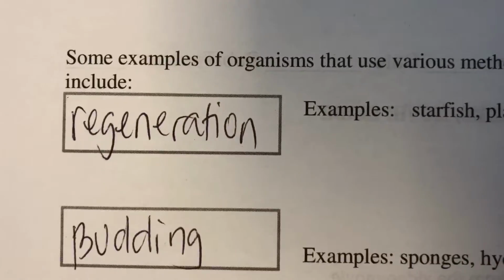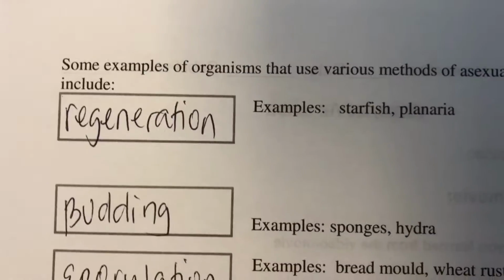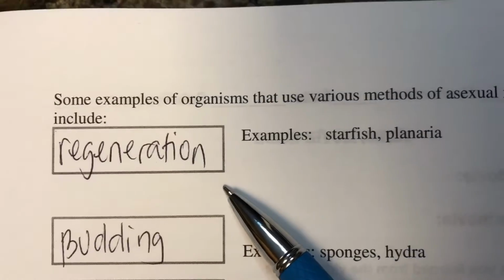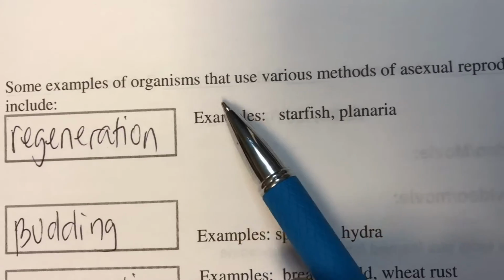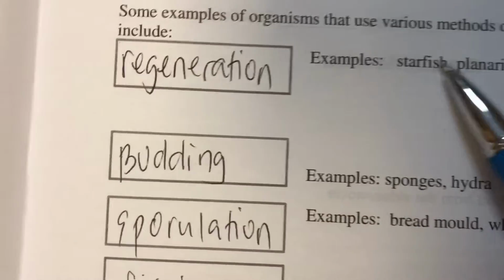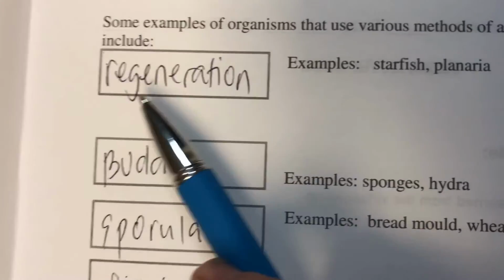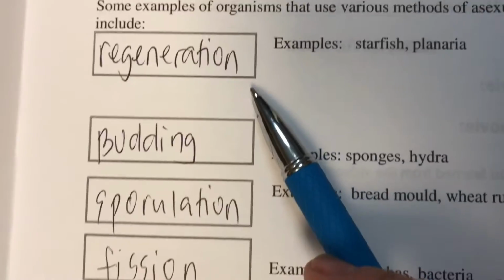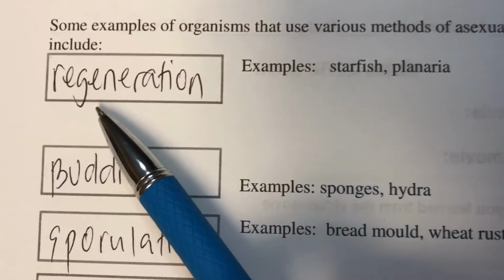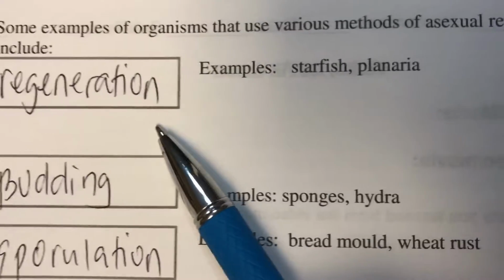So the first box, I want you to write down regeneration. So it says here, some examples of organisms that use various methods of asexual reproduction include, so these are now the methods of asexual reproduction. So one is regeneration.